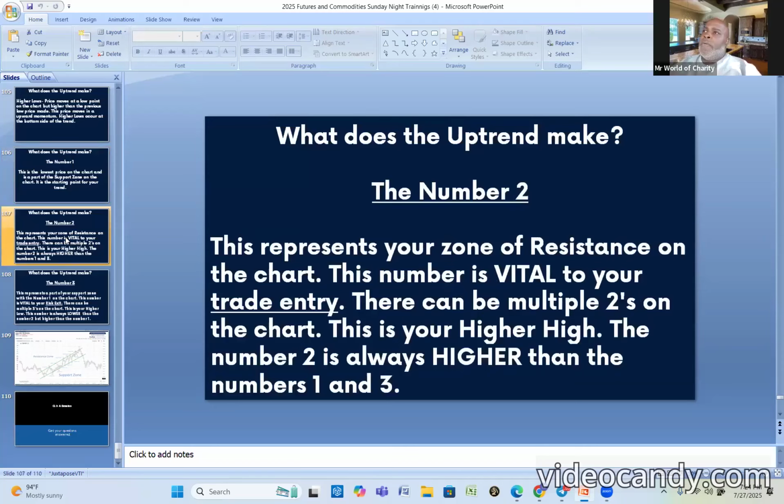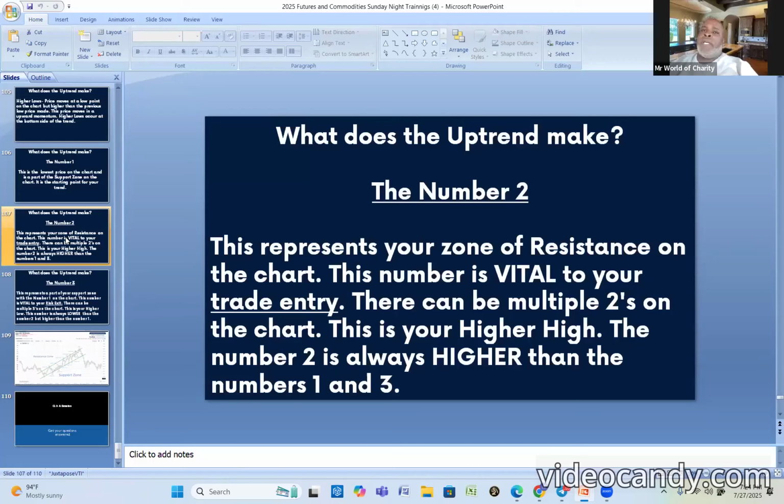So the number 2 represents your zone of resistance on the chart, which means that the number 2 is going to be either resistance when it's a bottom formation, and it'll be support when it's a top formation.